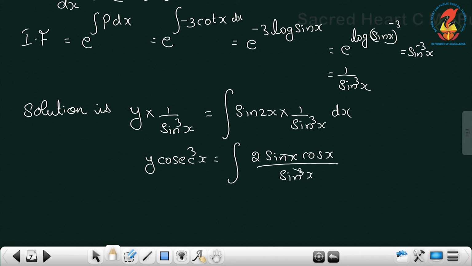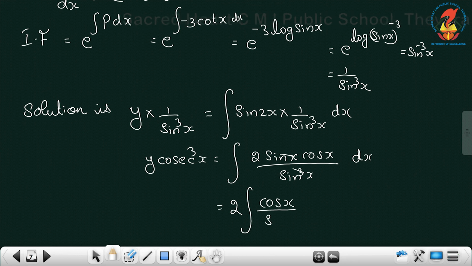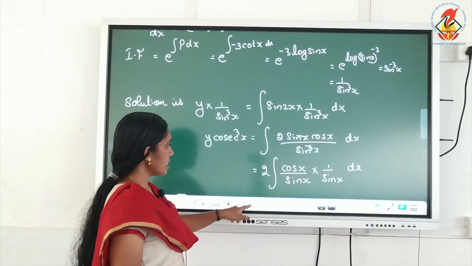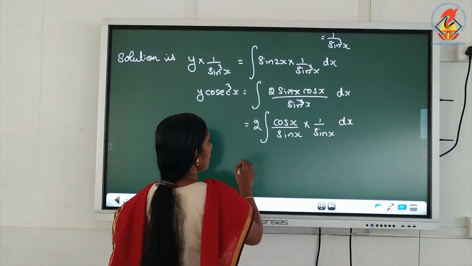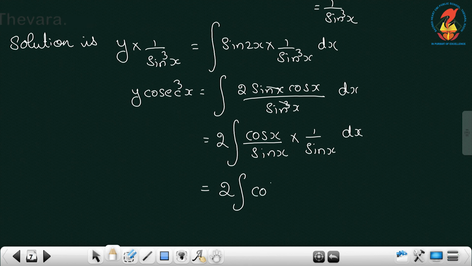So one sin you can cancel. Take 2 out. So cos x by sin x into 1 by sin x. Is it correct? The denominator is sin square x. So one sin separately and one cos by sin. So this becomes cot x into cosec x dx. Otherwise we can't integrate. That's why we write like this.